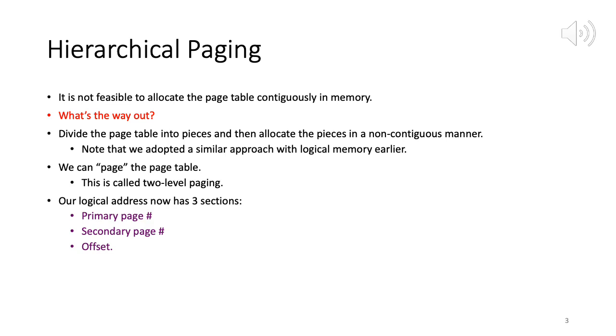Now our logical address will have not 2 but 3 components: primary page number, secondary page number, and offset. Earlier, if you recall, the logical address had two parts, P and D. Whenever we were presented with a logical address, we extracted the P part and the D part from it.